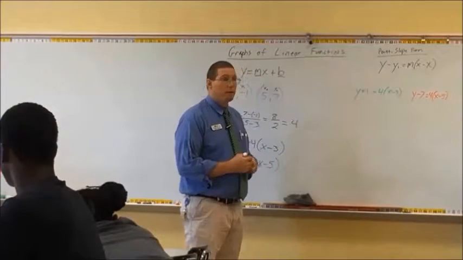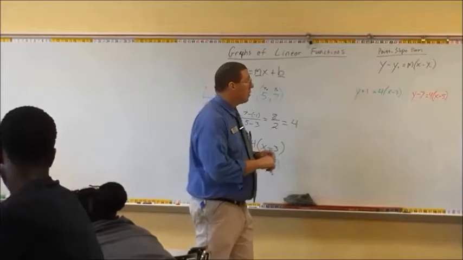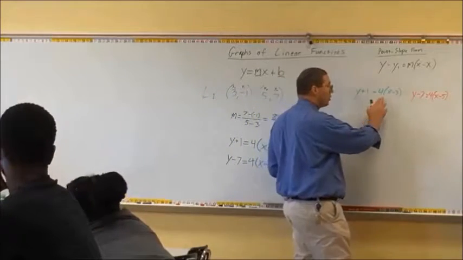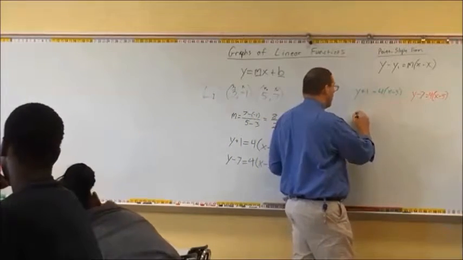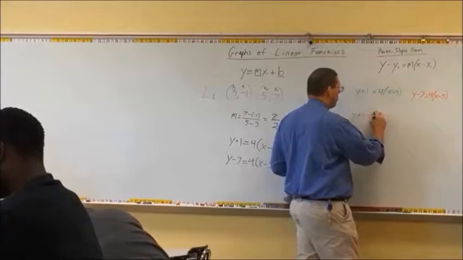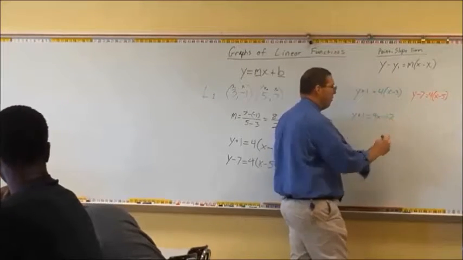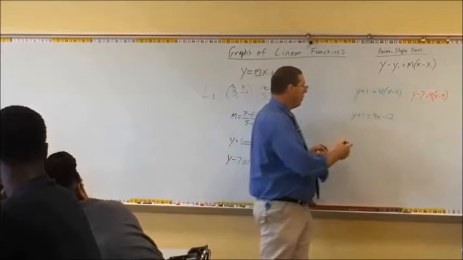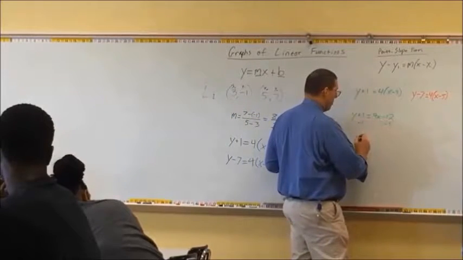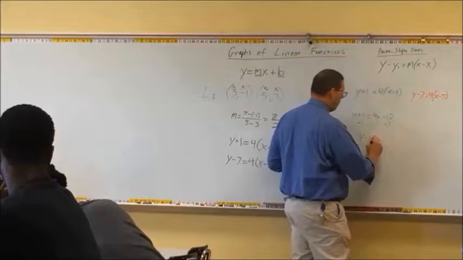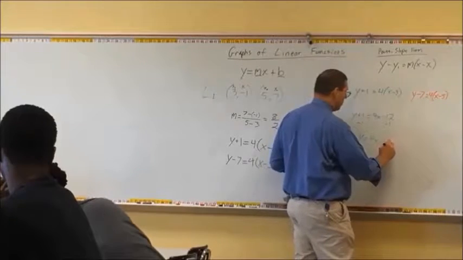All right, let's go ahead and do these. There's a couple ways to do this. Maybe, did y'all distribute first? Okay, so you had y plus 1 equals 4x minus 12. Does that look right? And then you just subtracted 1 from both sides? And so you had y equals 4x minus 13.